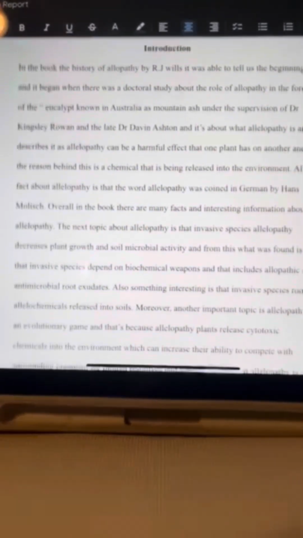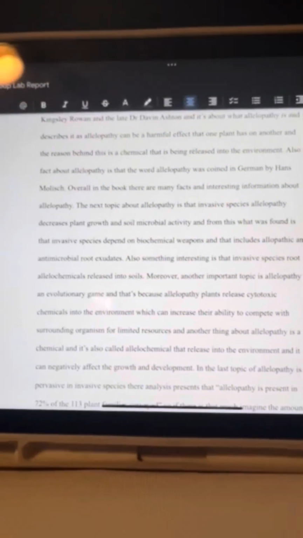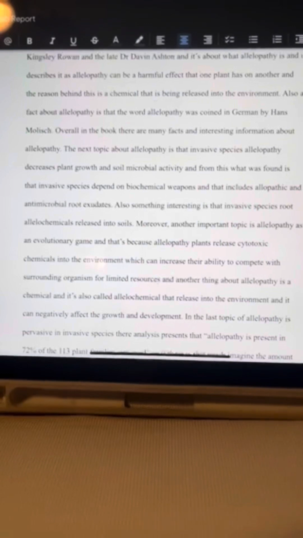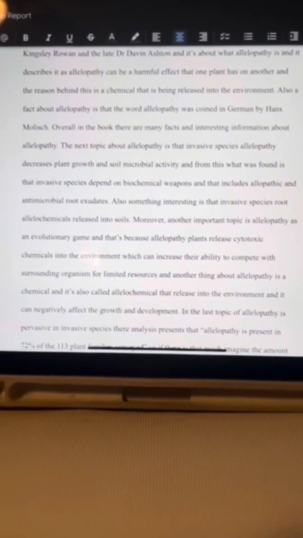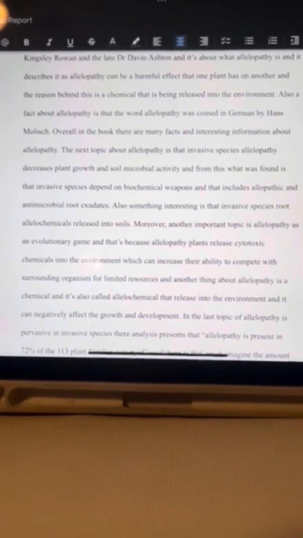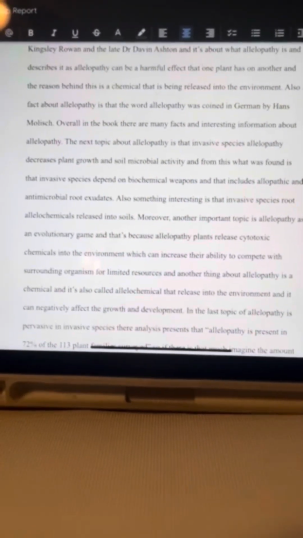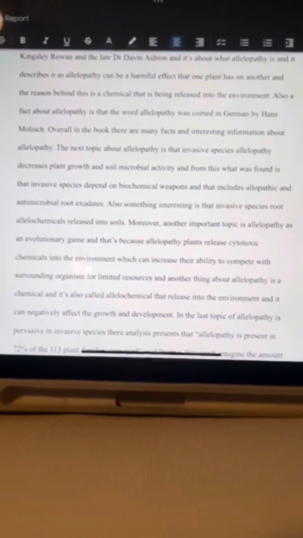Then another topic is about allelopathy and invasive species. I thought this topic was interesting because it's a combination of my other lab presentation. It decreases plant growth and soil microbial activity.